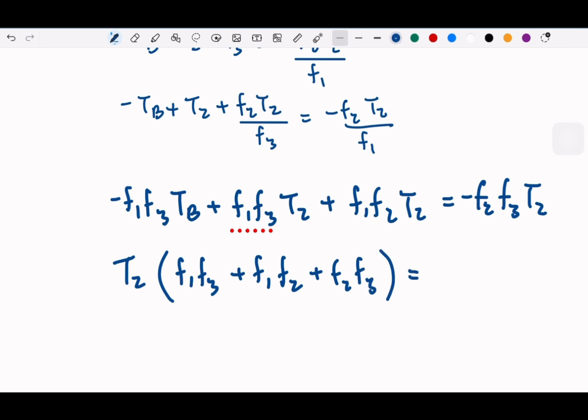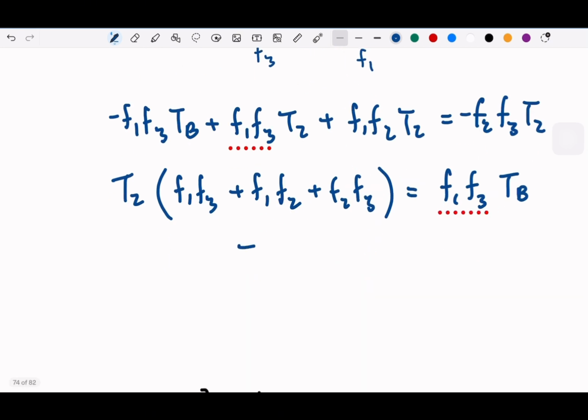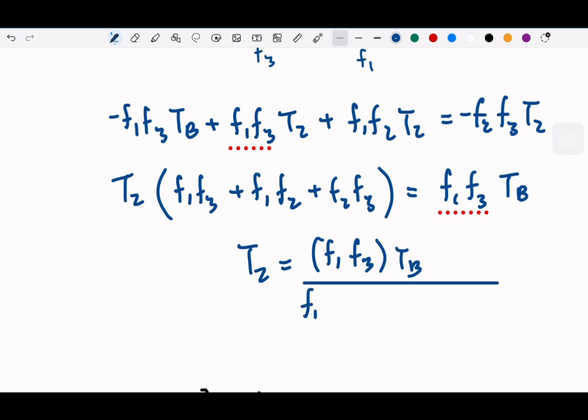Then we have F1 F3 TB. So T2 is F1 F3 TB divided by this whole thing. Okay.